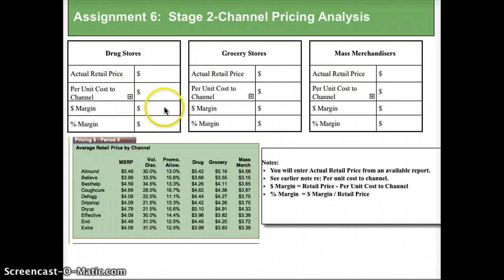We want to look at the margin here, because your calculation is going to be actual retail price minus per unit cost to channel to give you a dollar margin. You'll do that for each drugstore, grocery store, and mass merchandiser. Per unit cost to channel is going to be the same in our example, okay? The margin here is going to differ, and if you think about it, it will differ because the actual retail price is different in each of these channels, right? And then you'll calculate your percentage margin.